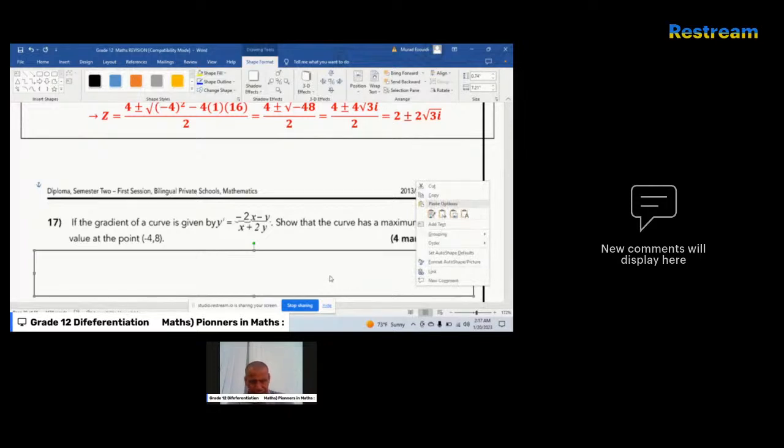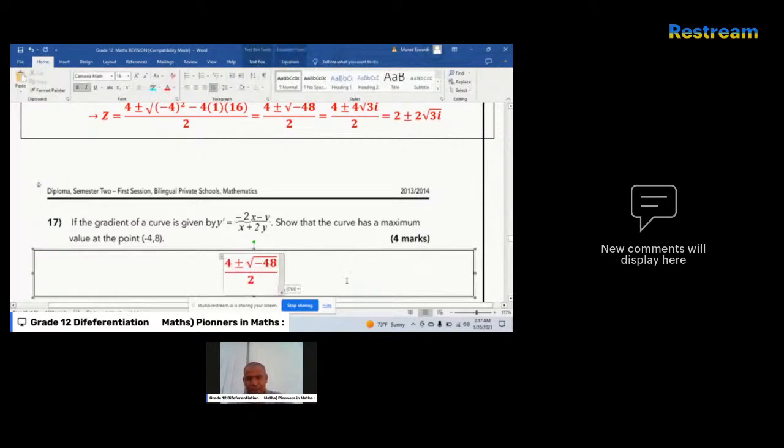Now, learners, you can see that y dash, in fact, is equal to 2 times x minus y, divided by x plus 2y. This is my first derivative of the function.